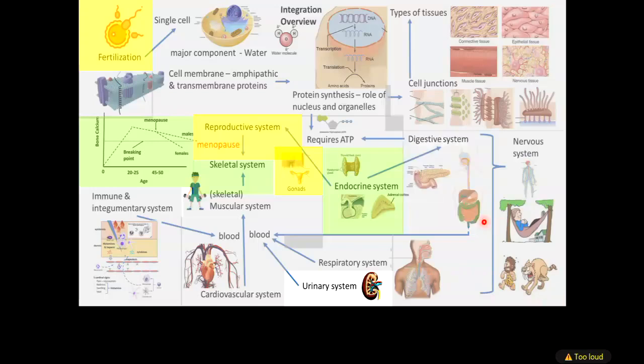The digestive system will be providing nutrients for the nourishment of the male and the female gametes. And finally, the urinary system plays a role in males in delivering the semen into the female reproductive tract. So you see how I've colored everything else in gray to tell you how it is relevant to the reproductive function, but we won't be getting into those details.